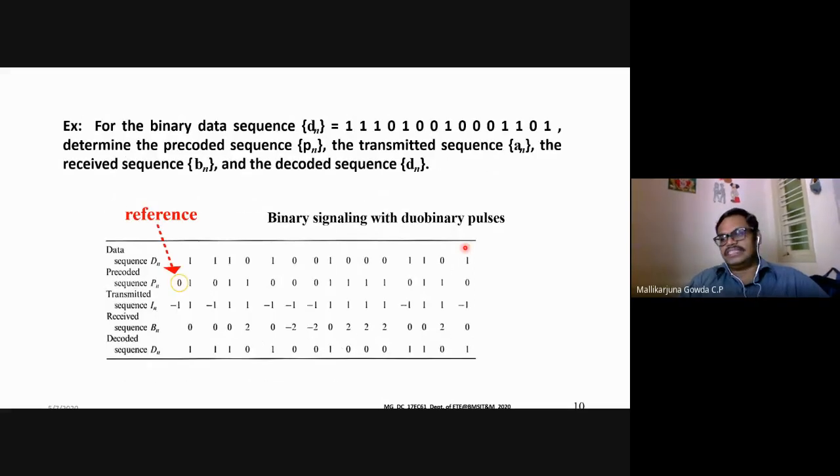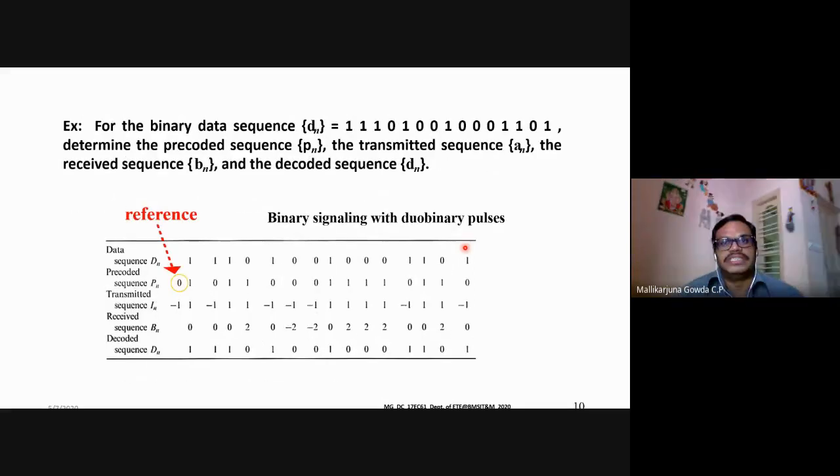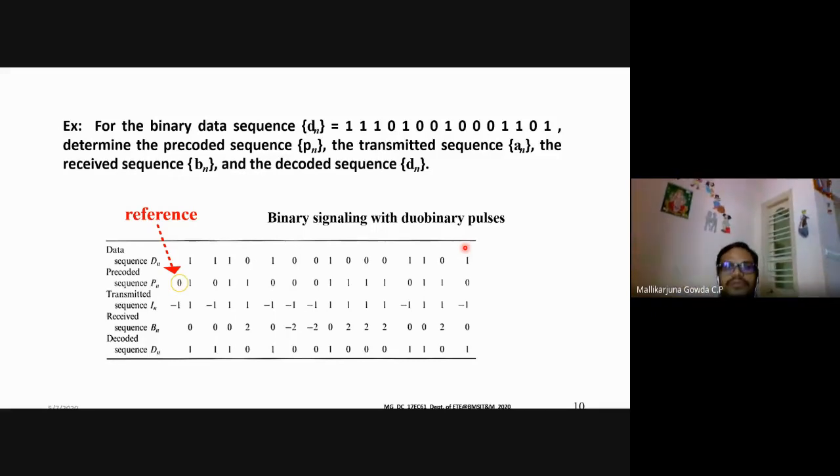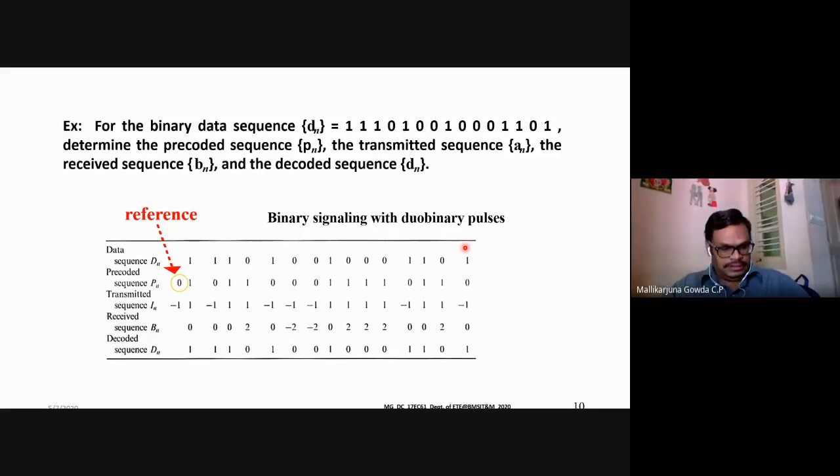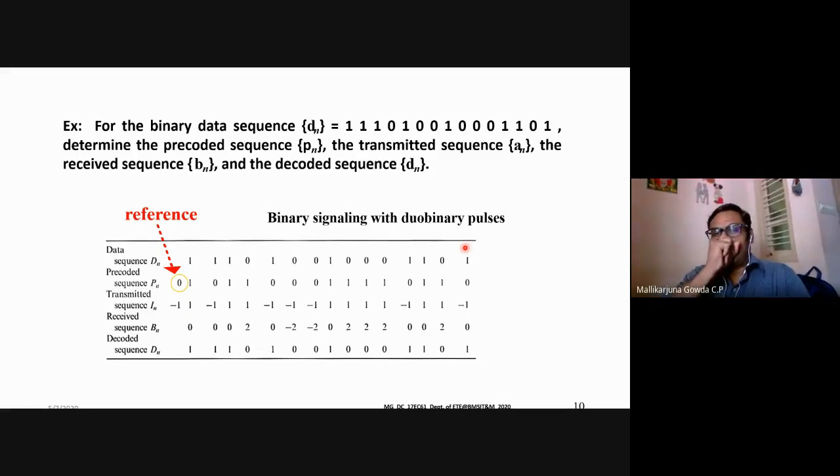Yeah, let me consider this example. I think all of you can note down this example. So take this binary data sequence dn as 1 1 1 0 1 0 0 1 0 0 0 1 1 0 1.